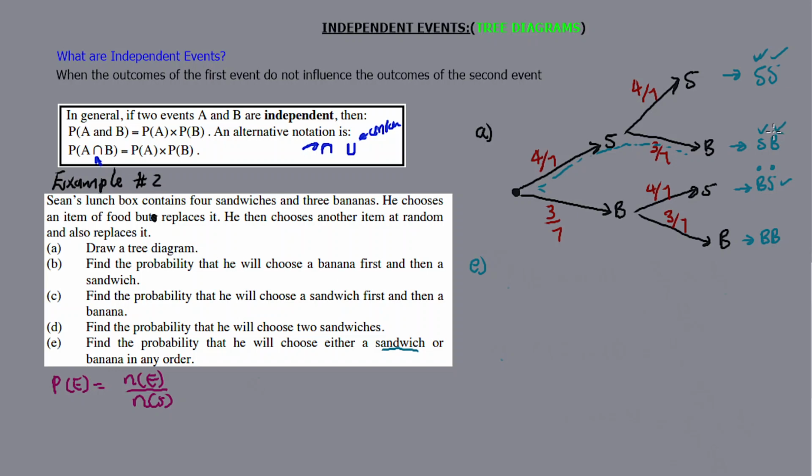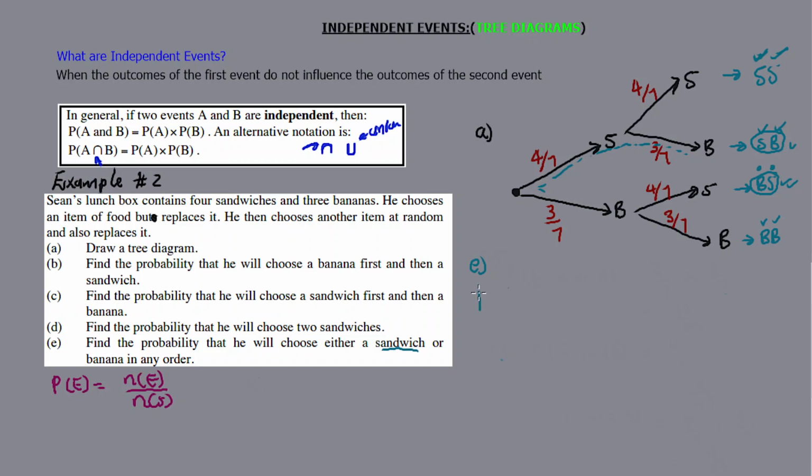So it's either this one or this one. It's either you choose a banana or a sandwich, right? A banana or a sandwich in any order. So focus only on these two. They did not say banana and a banana, sandwich and a sandwich, but a sandwich or a banana.